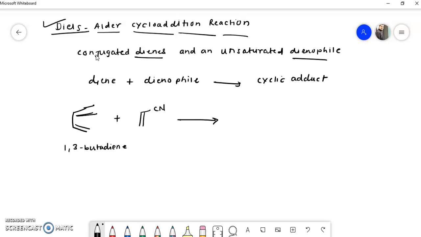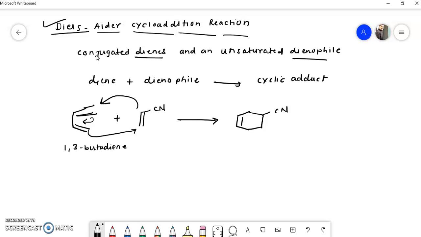See, the diene is an electron-rich species and this dienophile is an electron-deficient species. So this bond will attack here, this bond will attack here, and this bond will shift here, and there is a formation of this cyclic product, which is the product of this Diels-Alder cycloaddition reaction.